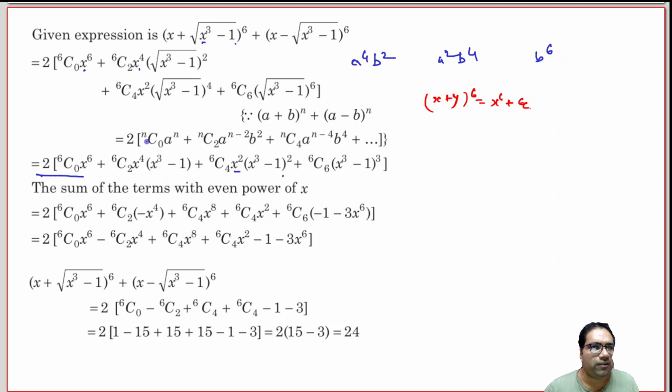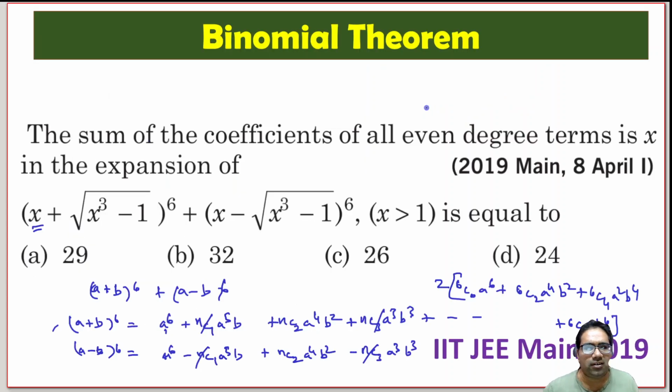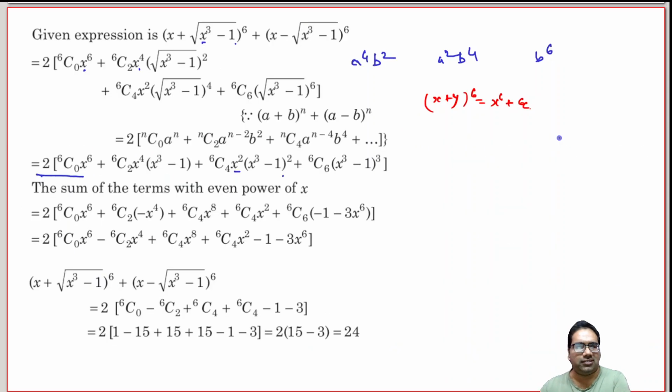Now here we have to find all even degree terms in x. Where are we getting even degree terms? This is definitely even degree, 6C0 we are getting. Now here x^4 into x^7 is odd, but x^4 into minus 1 is an even degree of x. So minus 6C2.